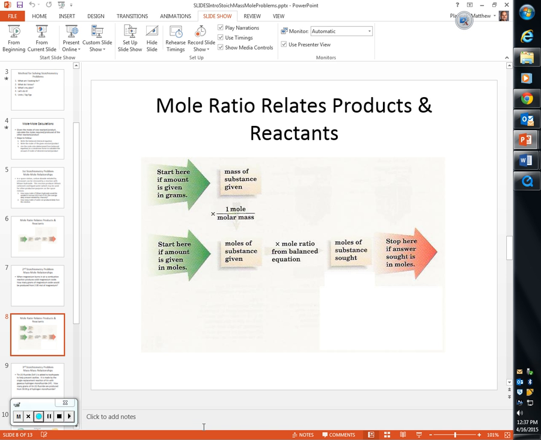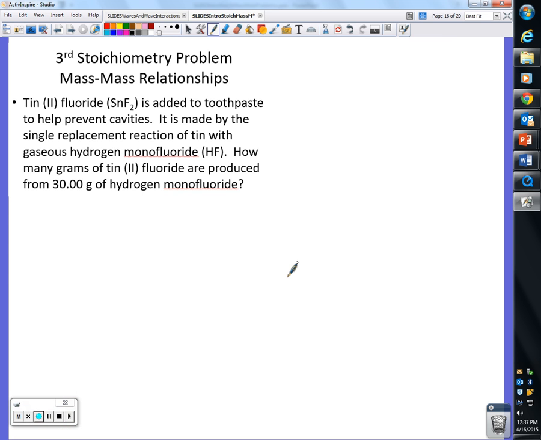Last type of problem is Roman numeral 4 on your outline that's on the back side, and it starts with this situation. So it says tin 2 fluoride, which is this compound right here. I should use some other color besides black so it shows up.